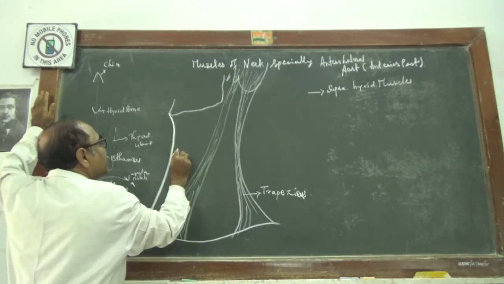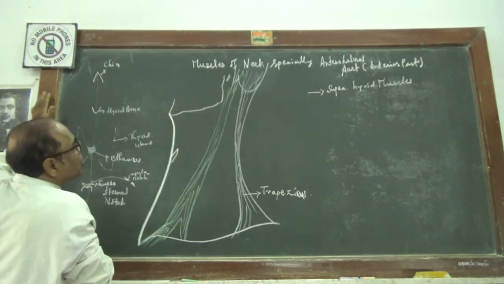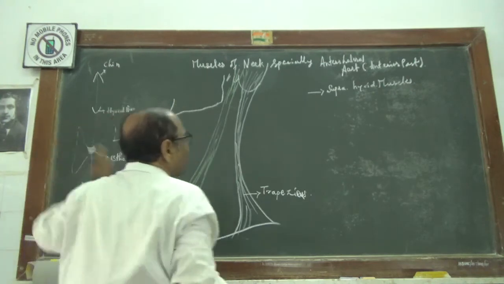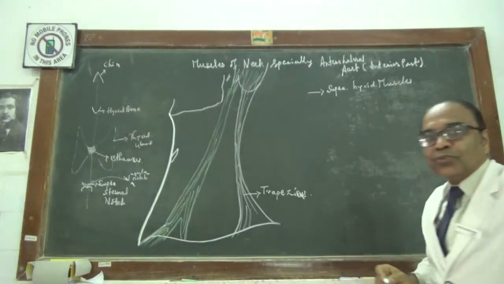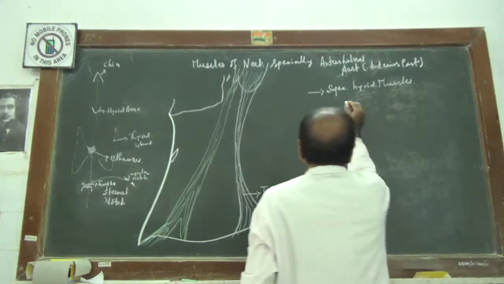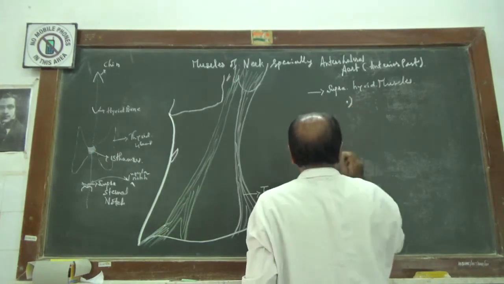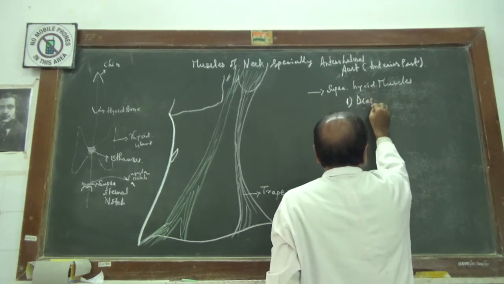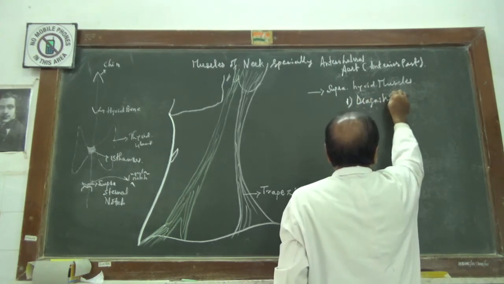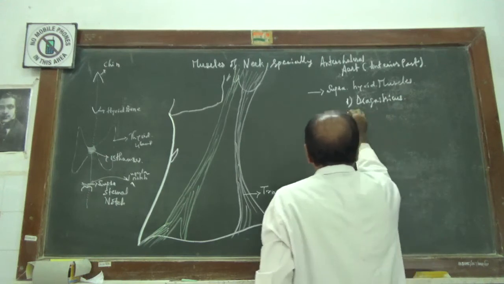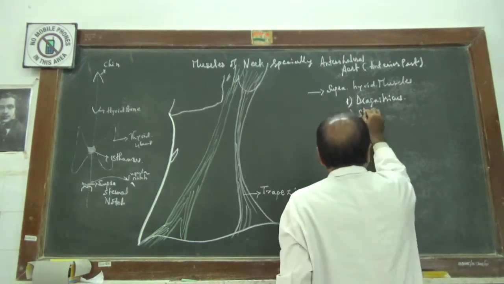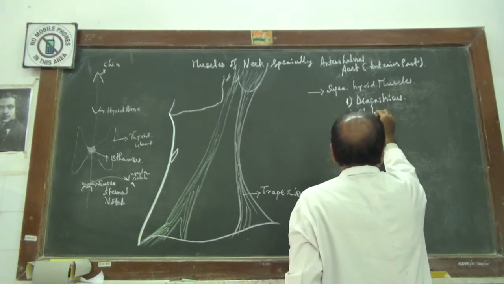Whatever muscles are there above this hyoid are called the suprahyoid muscles. Number one, digastricus muscle. Second, stylohyoid muscle.